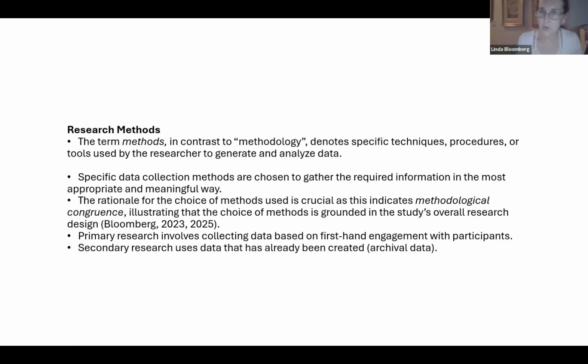The methods, in contrast to methodology, are the actual tools, the procedures, the ways that you collect data and analyze data. So you wouldn't say that you're using experimental methodology. You'd say you're using an experimental method. You wouldn't say for qualitative research that your methodology is interviews. Interviews are the method.